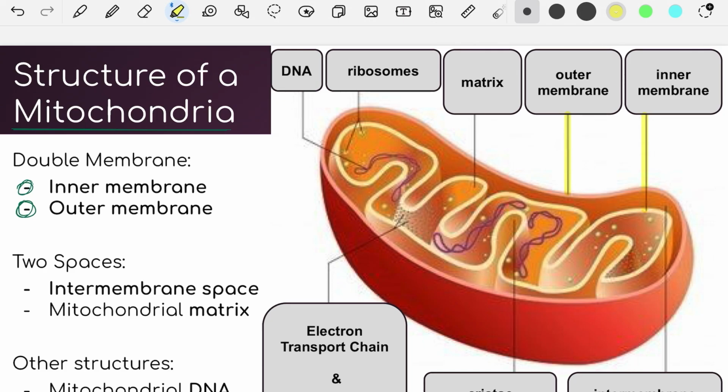Okay, there's two spaces that you need to know. There's the intermembrane space, that's the space between the membranes. So the intermembrane space is right here. You can see it goes all the way around, right? It wraps all the way around.